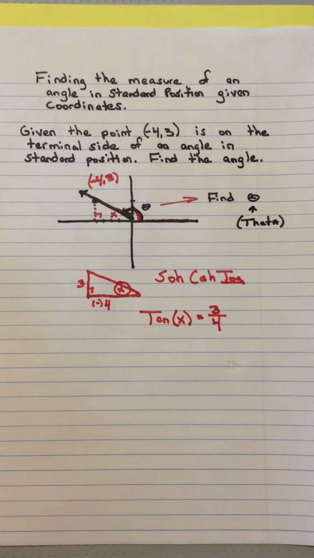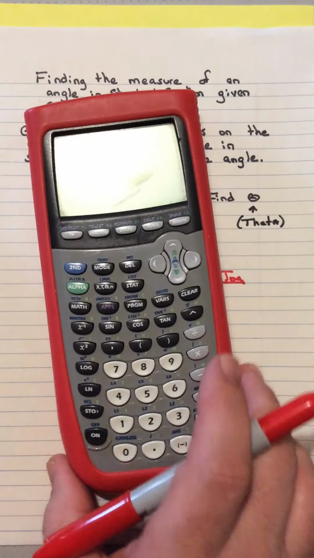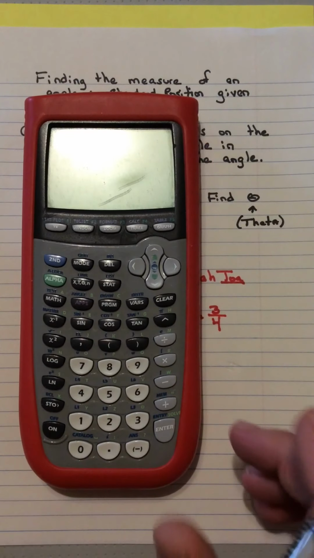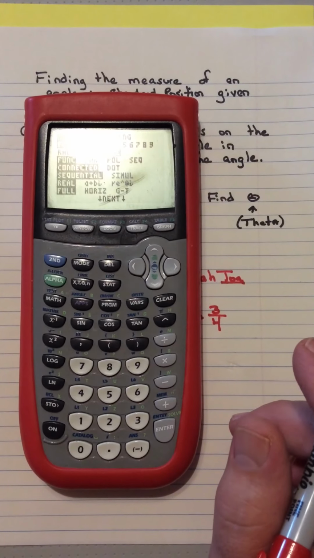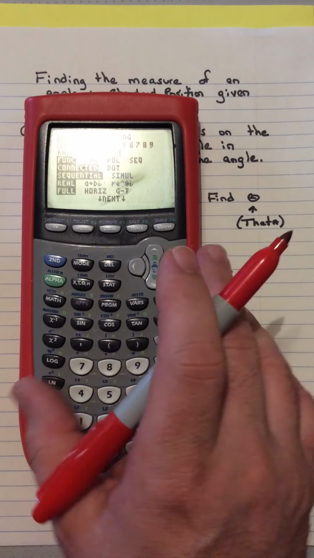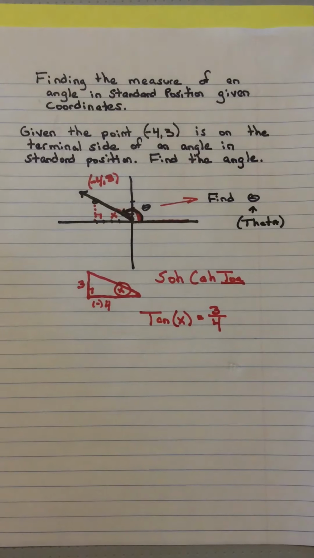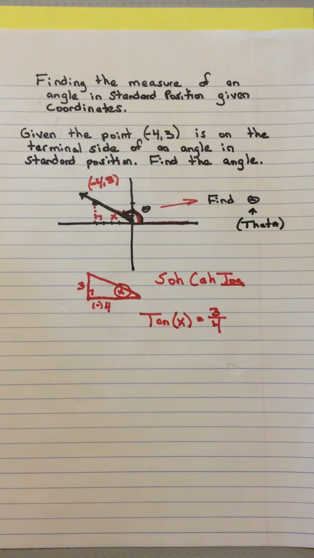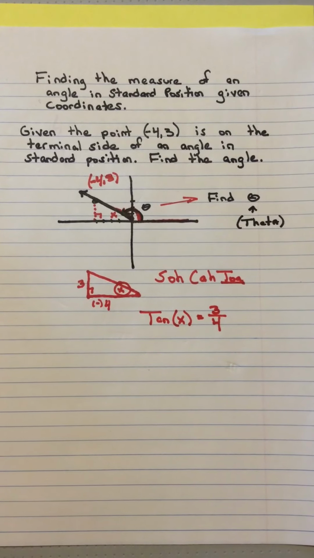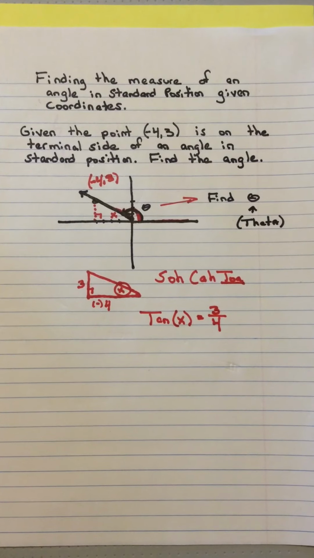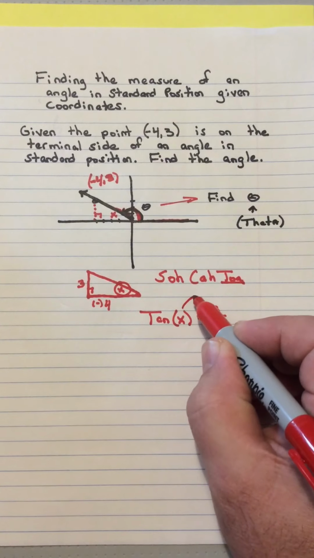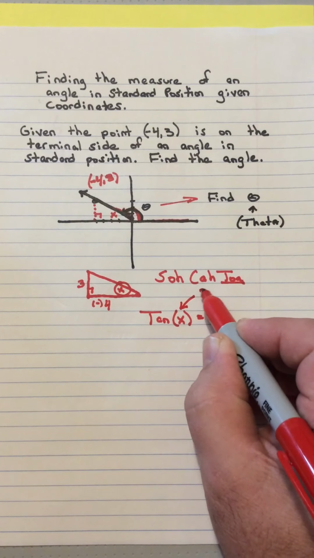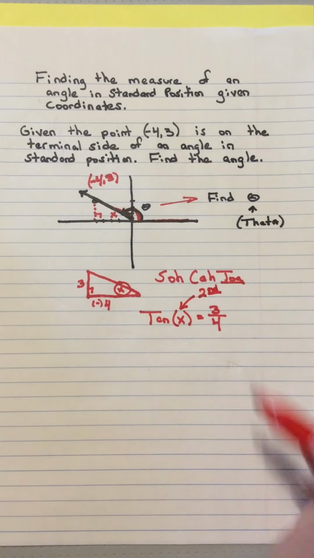And remember now, on your graphing calculator, you first have to check your mode and make sure it's in degrees, and then we can use the second key. Remember, anytime you're asked to find the angle, you've got to use the second key.